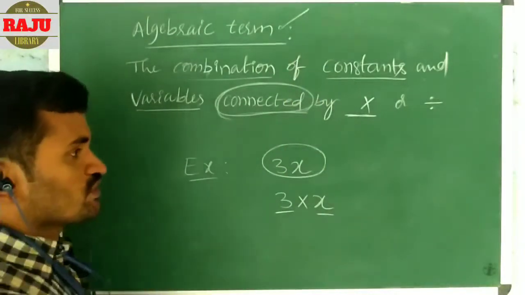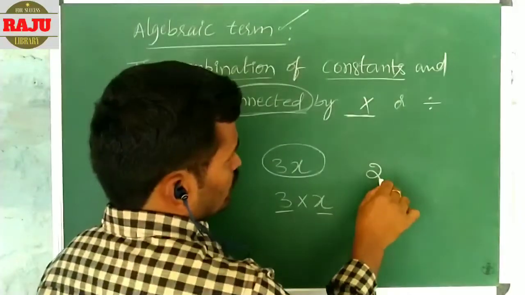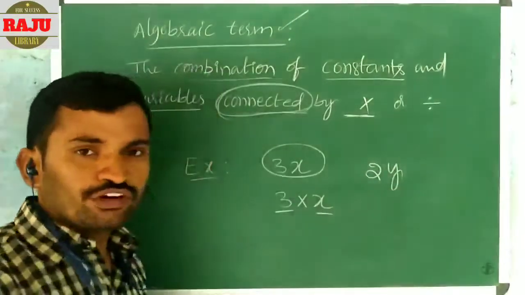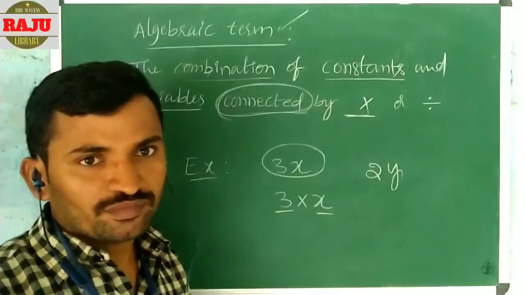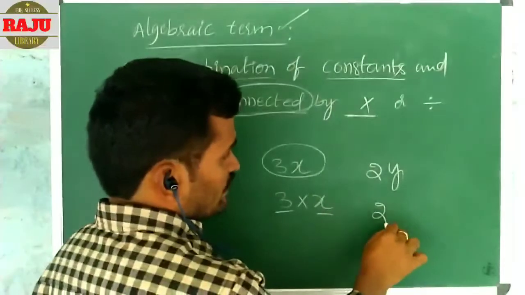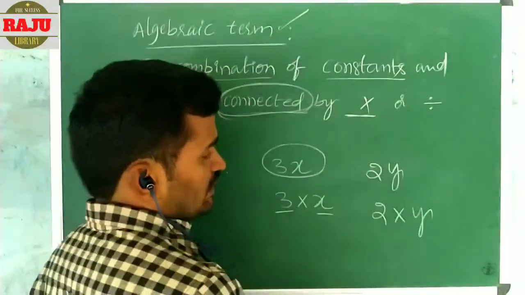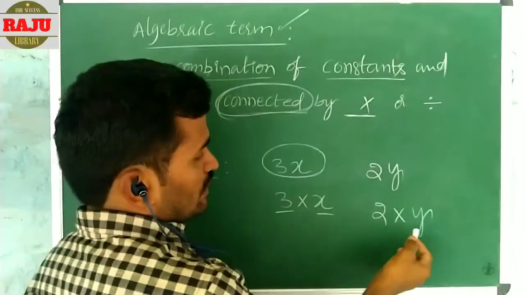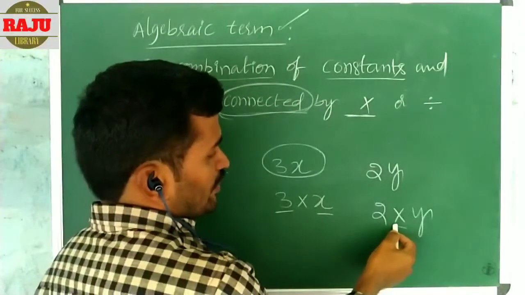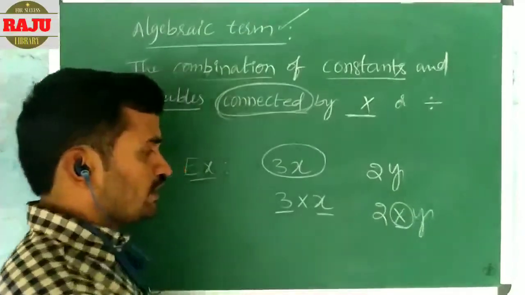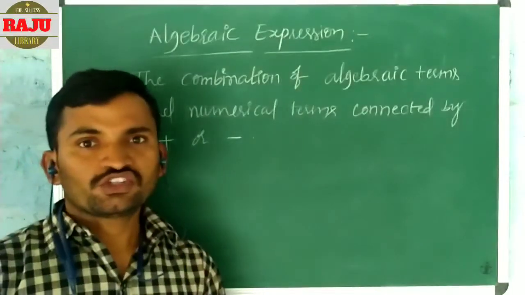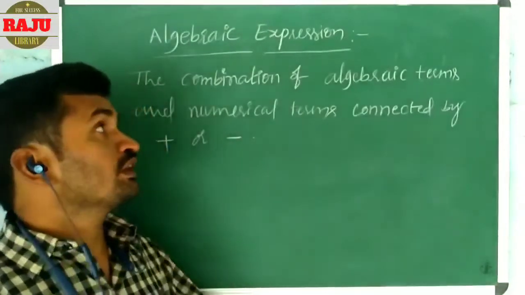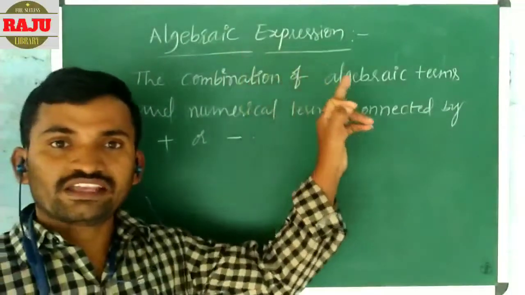Let us take one more example. If you take 2y, here 2y is also an algebraic term. Why? Because 2y we can write as 2 into y. Here 2 is a constant, y is a variable, connected by the mathematical symbol into. Dear children, now let us see what is an algebraic expression.